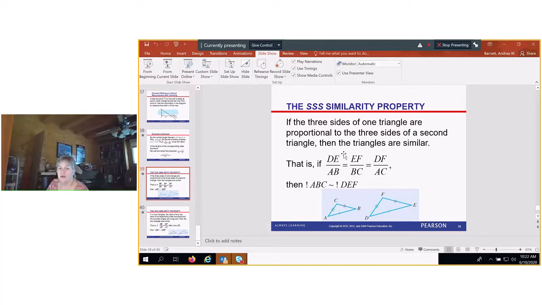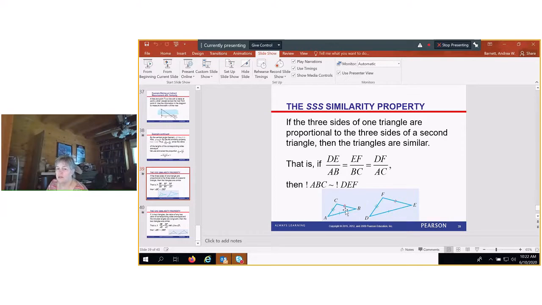Now, this is the side property that we talked about. So if the sides that are similar are in proportion to the sides of another triangle, then we're saying that the two triangles are similar to each other.